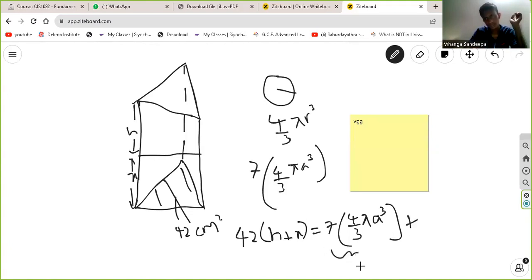Rising volume is 42 into h. You don't need to denote this; you only write this term. Then plus area of cross section 42 into x.